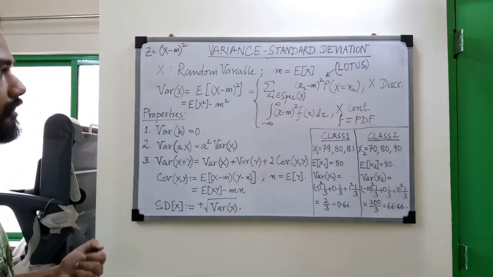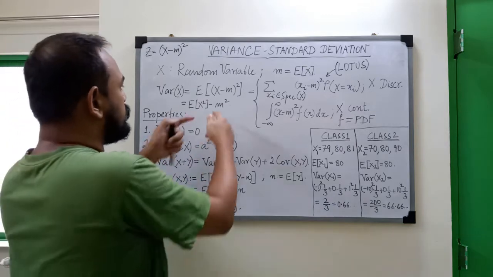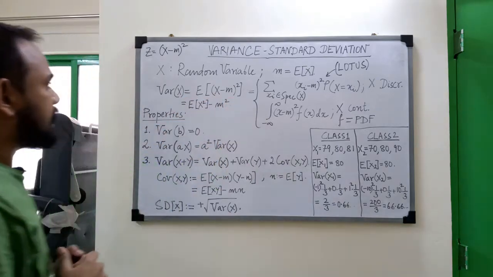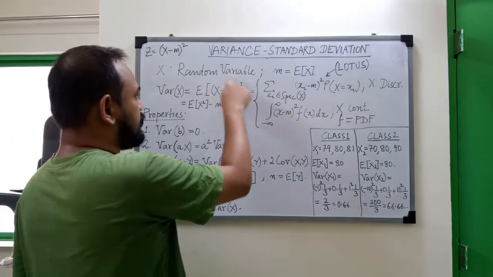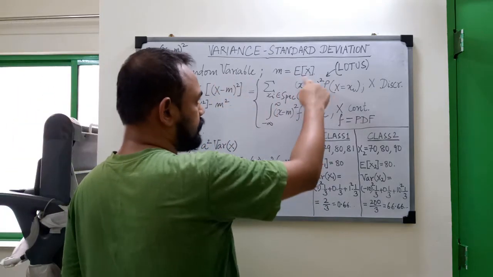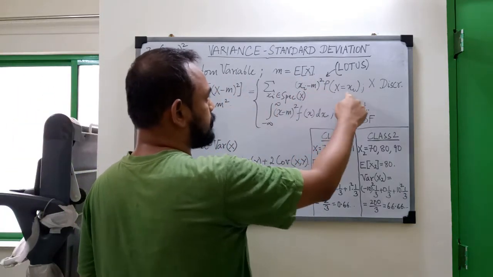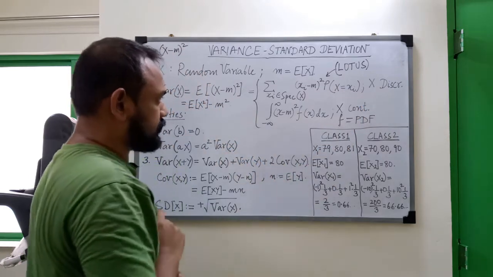Similarly, we work out this expectation of the new random variable by each value of the new random variable multiplied by the PMF of X.